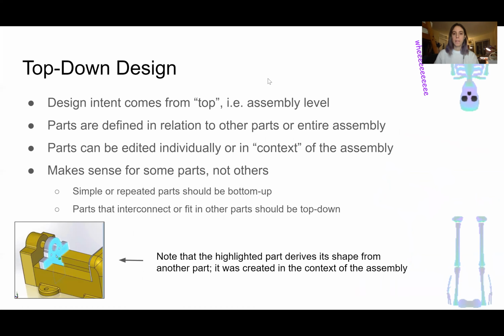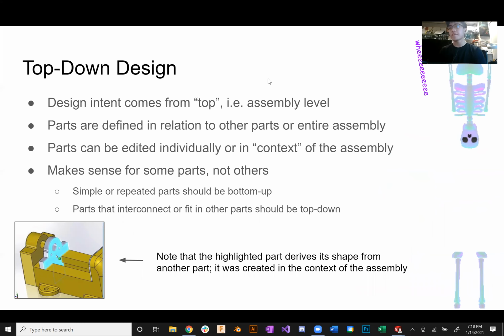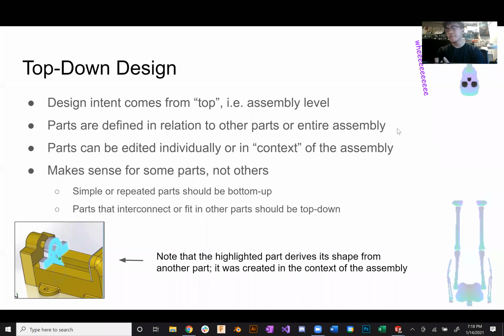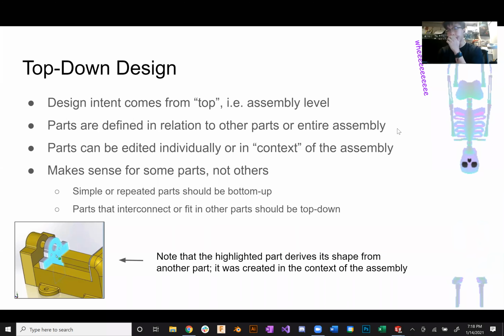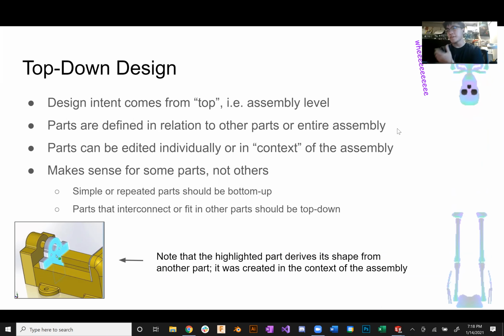All right. So when you design, you should design from the top down. So that's what we mean by design intent comes from the top. When you design a part in an assembly, usually you'd want to take into mind other parts in the assembly so you could design for or around those parts.